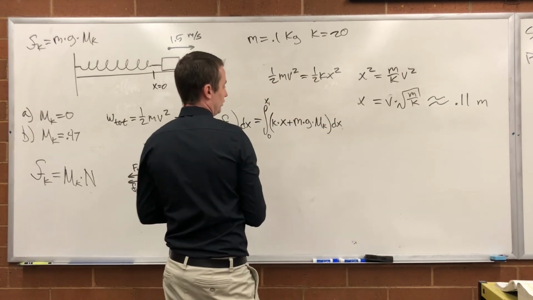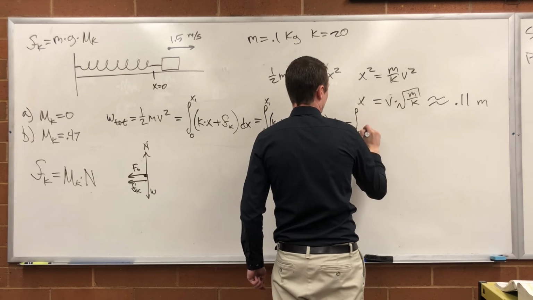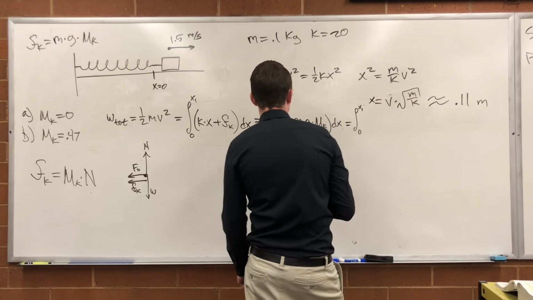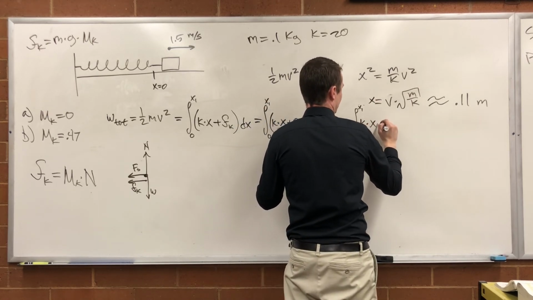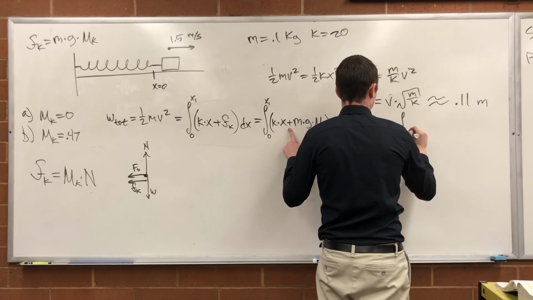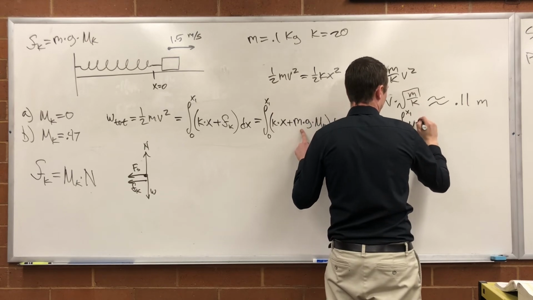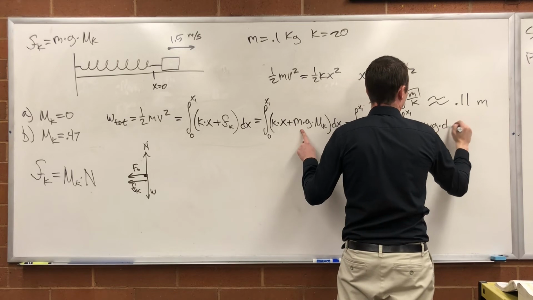I'm going to split this into two integrals now. So this is equal to the integral from 0 to x1 of k times x times dx, plus the integral from 0 to x1 of mu sub k times m times g times dx.